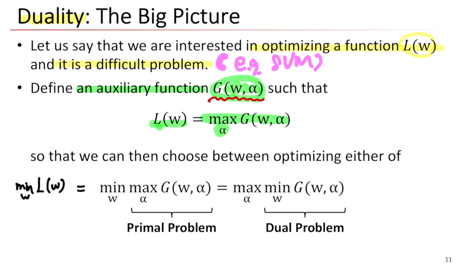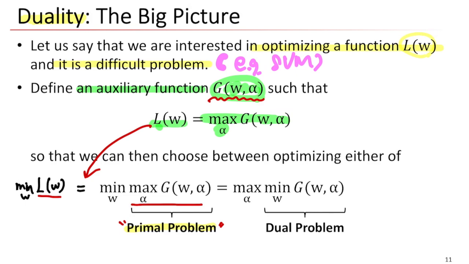Then we can rewrite this optimization something like this, from this definition, right? Then we can say that this problem is a primal problem. Then why is it important?